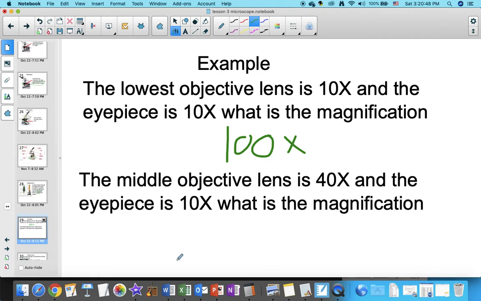The middle objective lens may be 40, right? 40 times. So you're already looking at it at 40 times, but then the eyepiece does another 10 times, which makes it 400. So you're looking at something 400 times the size.